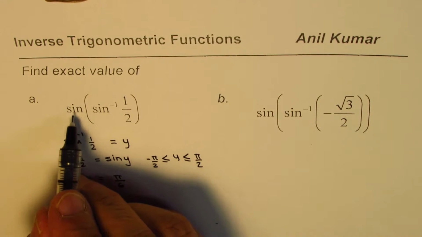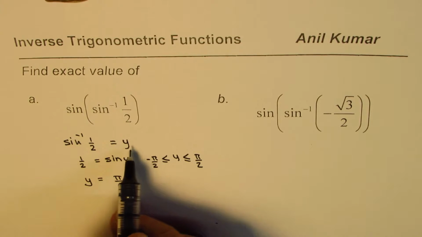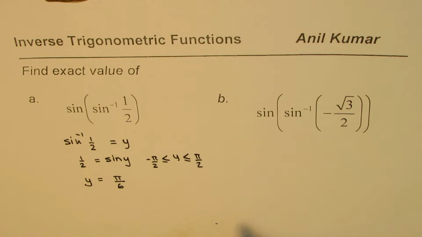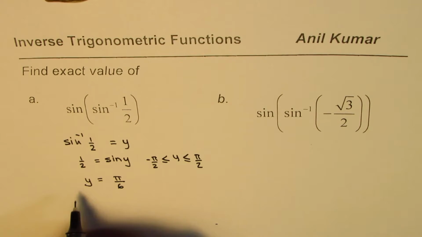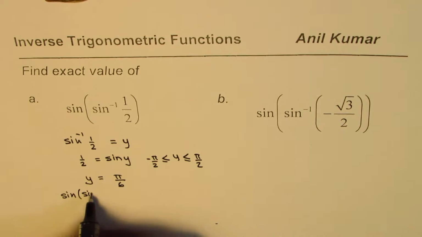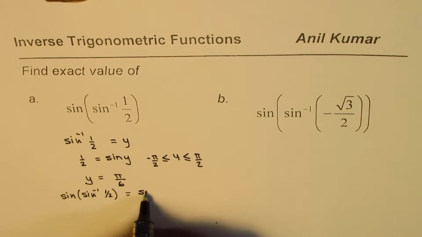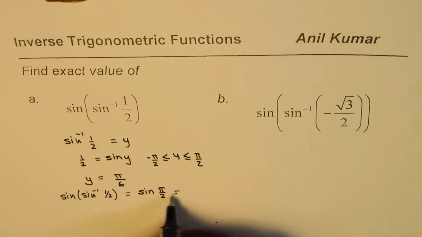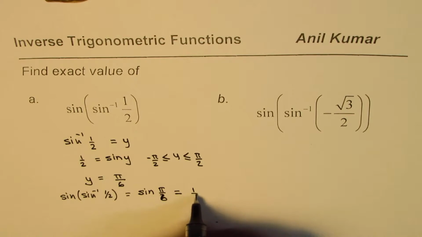So we know that y is equal to pi by 6. Now we can write sine inverse half as pi by 6, so sine of sine inverse half is equal to sine pi by 6, which is equal to half, right?